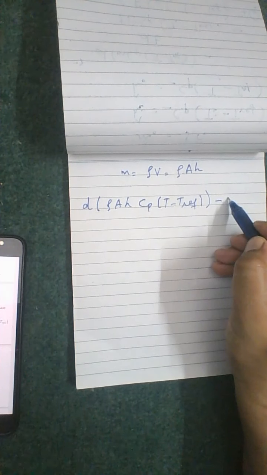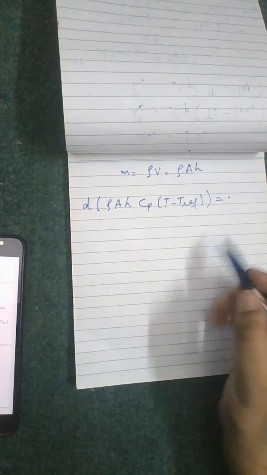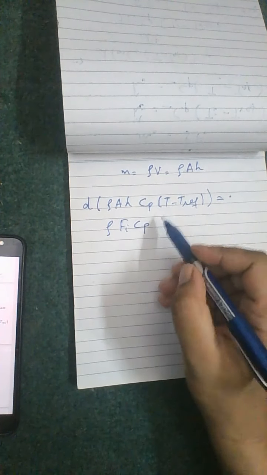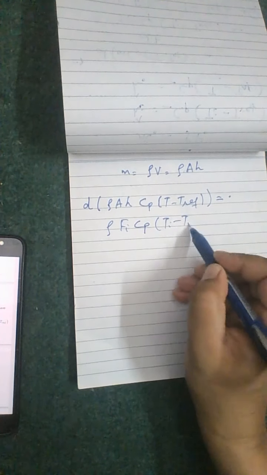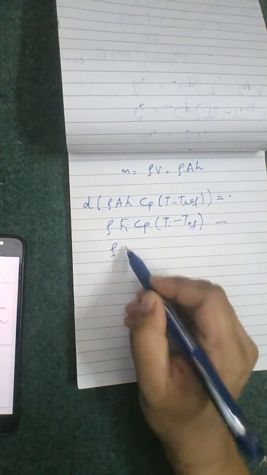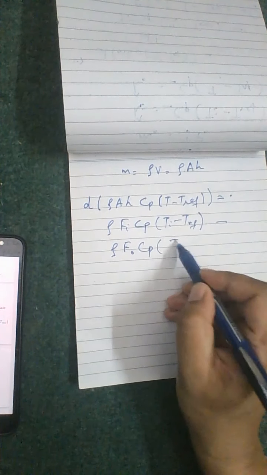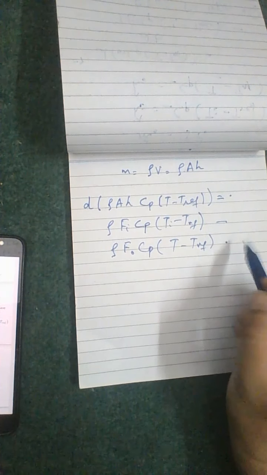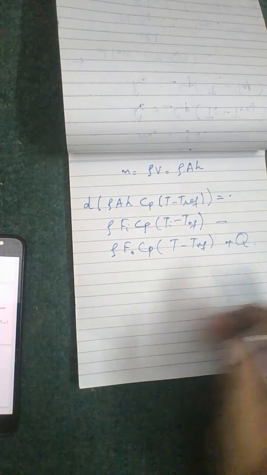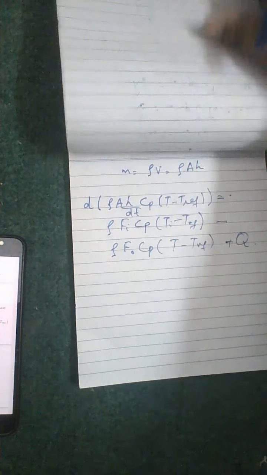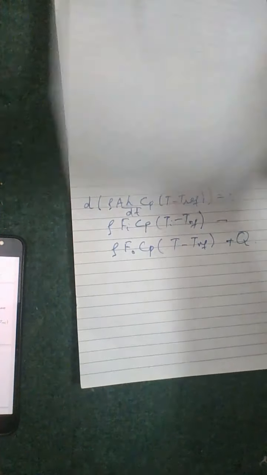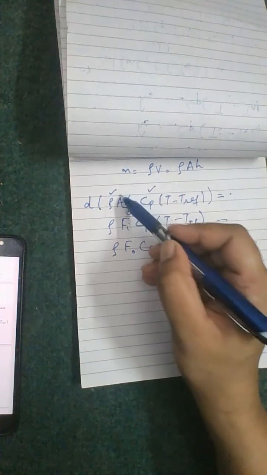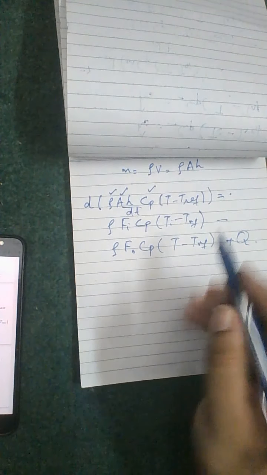is equal to rho Fi Cp (Ti minus T reference) minus rho F naught Cp (T minus T reference) plus Q. Now in this whole equation the constants are density, Cp and cross-sectional area, so we can take them out of the derivative.